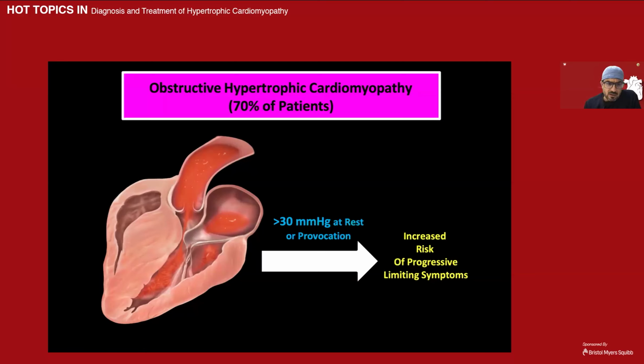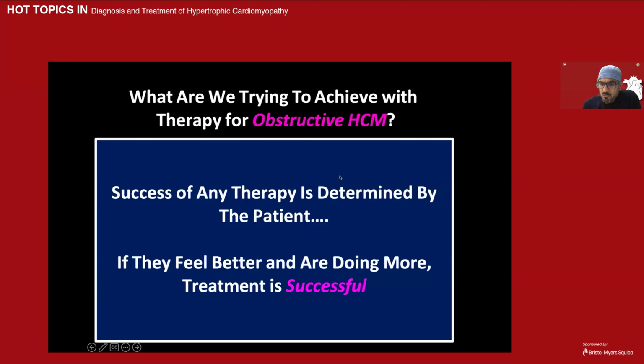Something to highlight, and I know probably the previous presenters highlighted, is making sure we check for the gradient in those patients, especially with exercise, as many of those patients may get missed, with the gradient not being recognized without exercise.